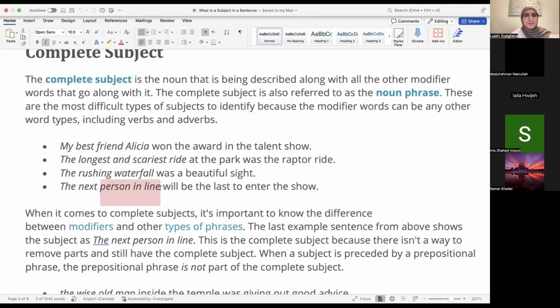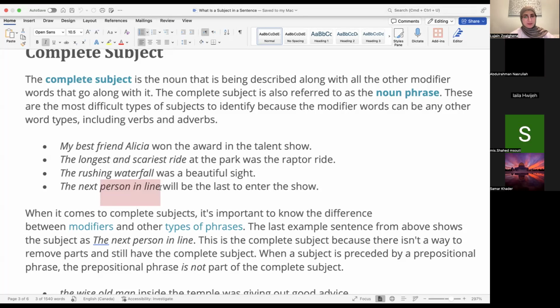So what's the question? What is "in line"? Is it an adjective? Is it an adverb? Is it a noun? Is it a verb? Is it an object? What is it? Adjective? Why is it an adjective? I don't know. Who can find out?